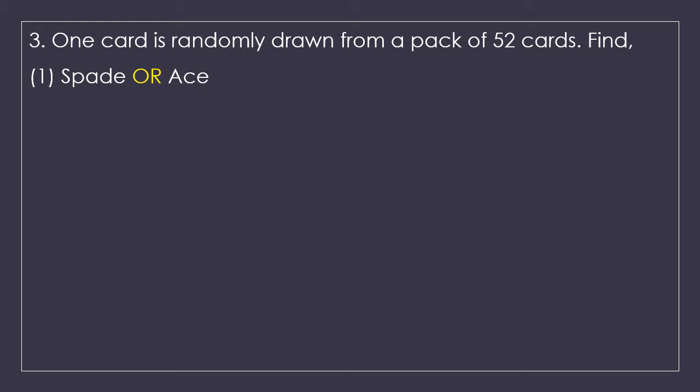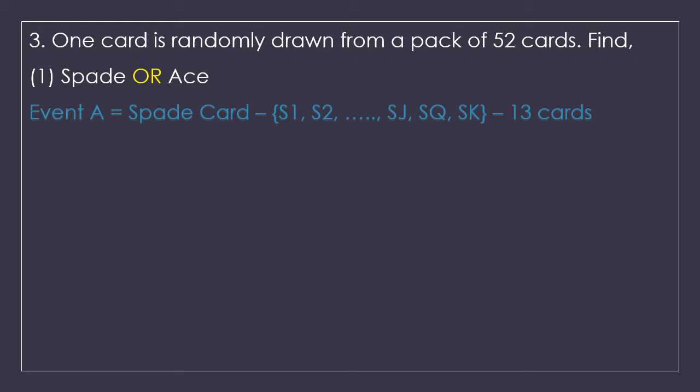Okay, now here we will need some calculations. So I will start giving names to the events here. For example, spade, I will name it event A. Of course, we know spade cards are S1, S2, dot, dot, dot, SJ, SQ, SK. That means 13 cards are there. S1 can also be known as SA, that is S of spades.